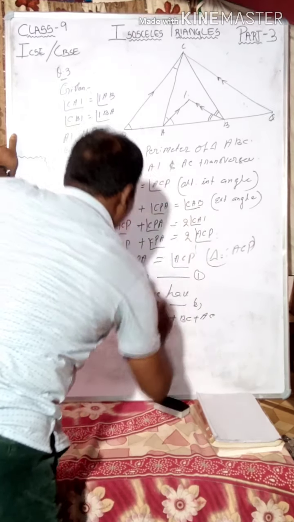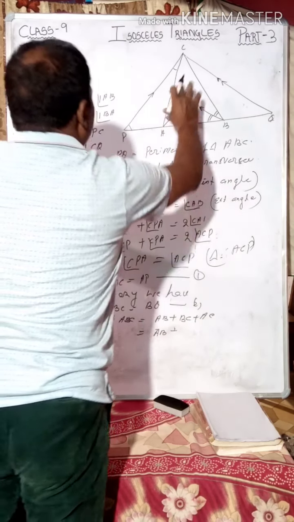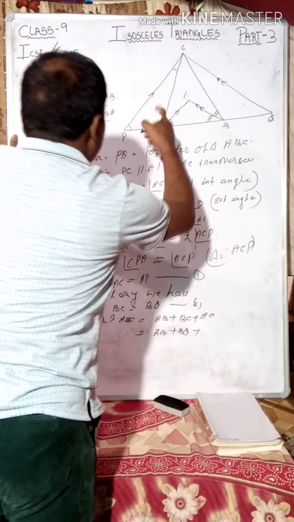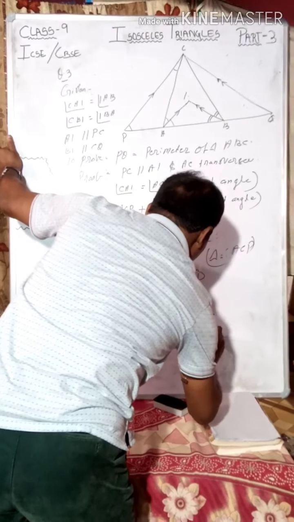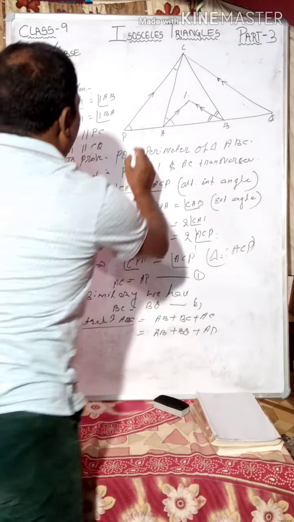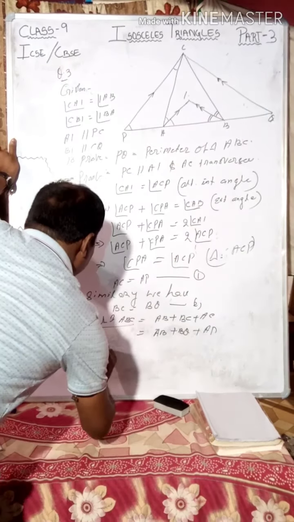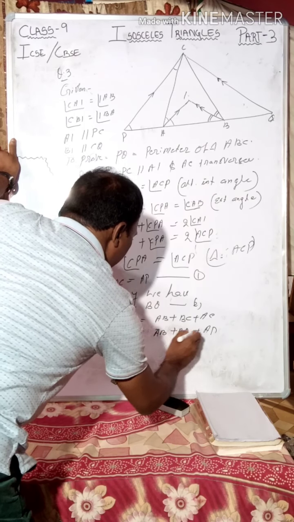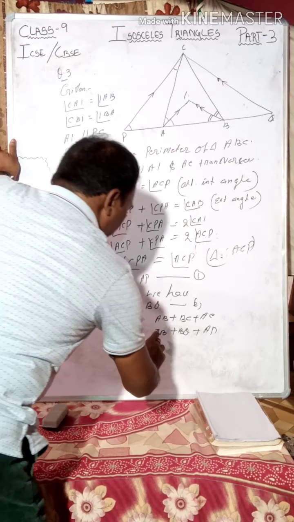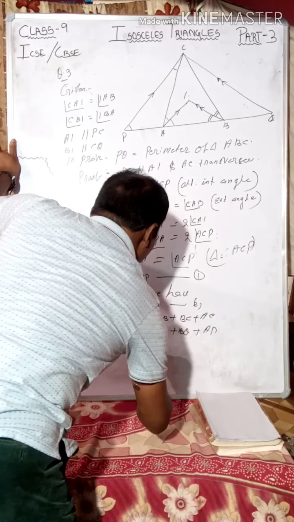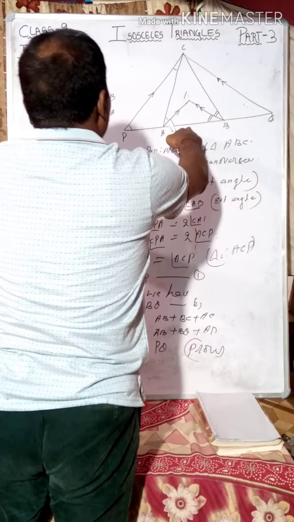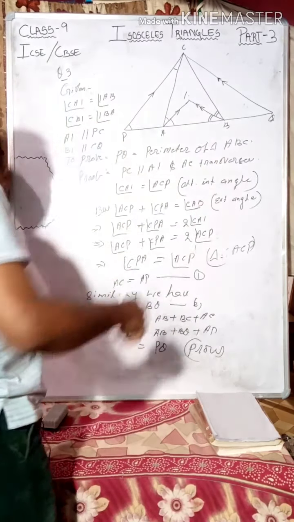That is equal to AB plus, instead of BC we can write BQ, instead of AC we can write AP, because AC is equal to AP. So AB plus BQ plus AP is equal to PQ. Proved. Because AB, PA and BQ make PQ.